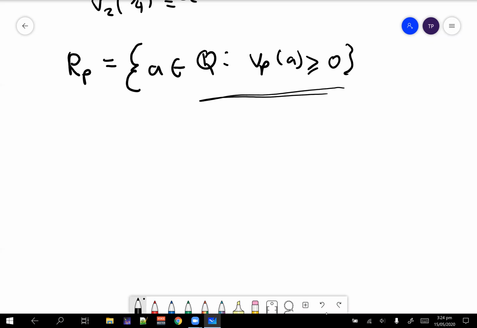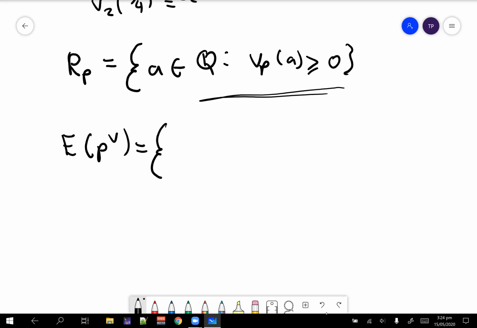The next thing I want to define is this object here. So E of p to the v, I don't think it actually has a name or anything. It's just something we use in the proof.